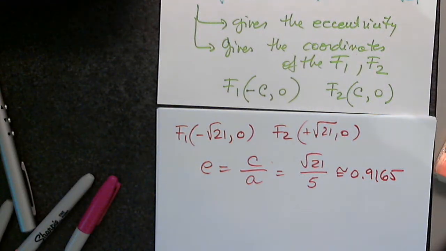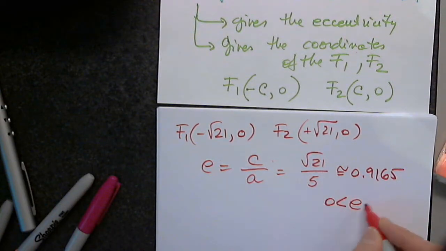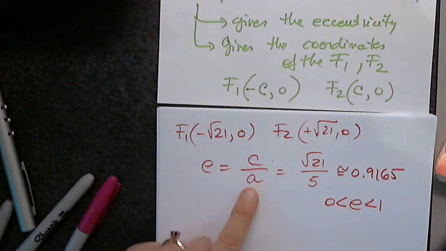Sorry, Steve. Would you be able to graph it with the eccentricity being greater than 1? No, the eccentricity is a ratio, and it will never be more than 1. So the eccentricity is not even 1. So e is only between 0 and 1. And it's always c divided by the bigger of those two numbers.